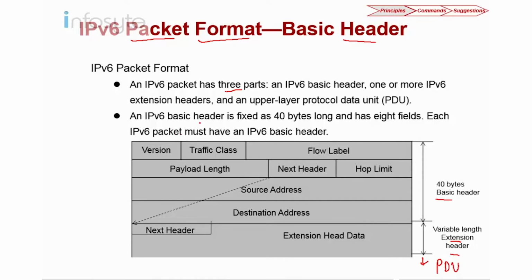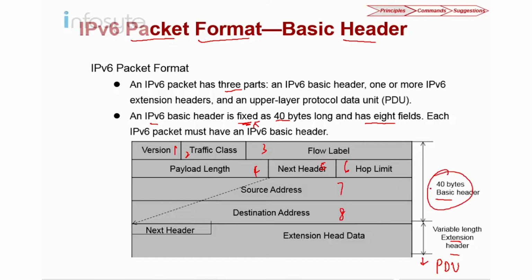So different compared to the IPv4, IPv6 header is fixed. Alright, that's very important. Now since this is fixed, you notice that they do not have any header length. Alright, so it has been removed because of the fixed nature, and has 8 fields. So we have 1 field, 2, 3, 4, 5, 6, 7, and 8 field.